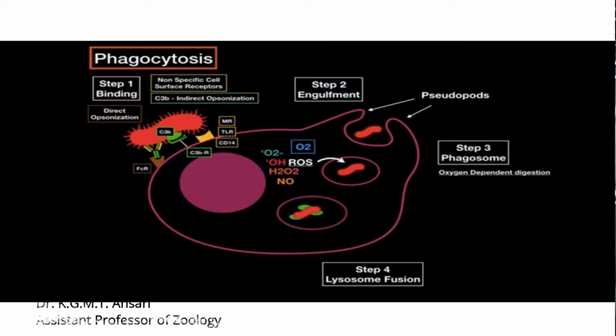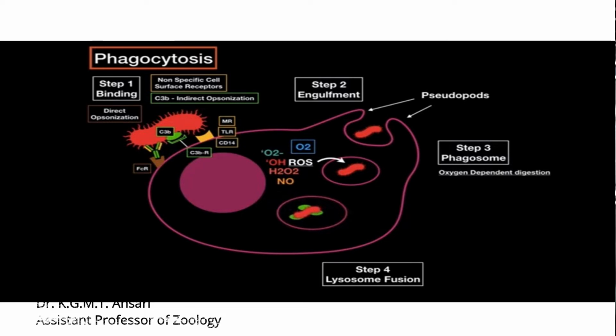If the foreign body is accepted, it starts the indirect opsonization method to produce C3b. This C3b and the non-specific cell surface receptors work together and form the linkage between the cell surface and the foreign body.